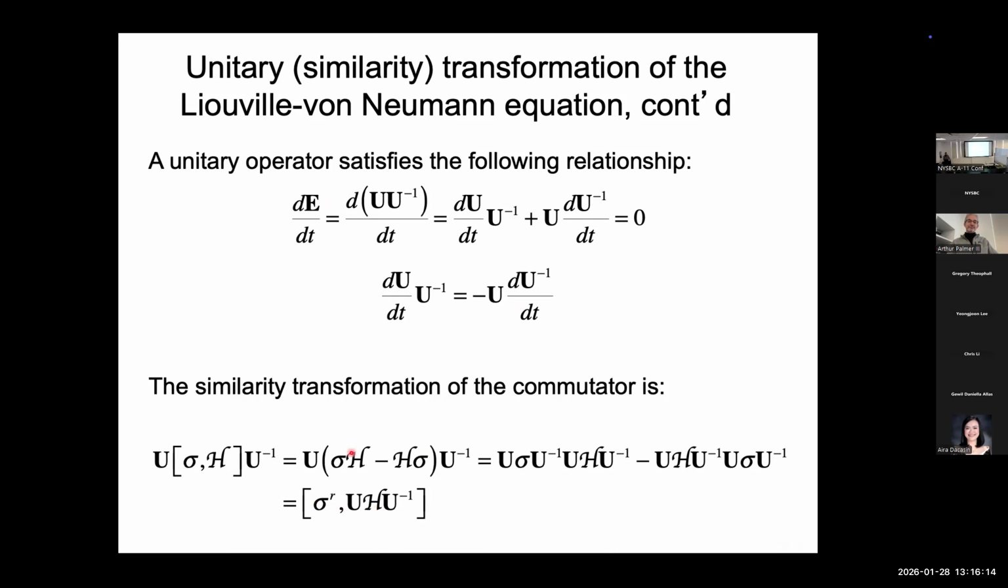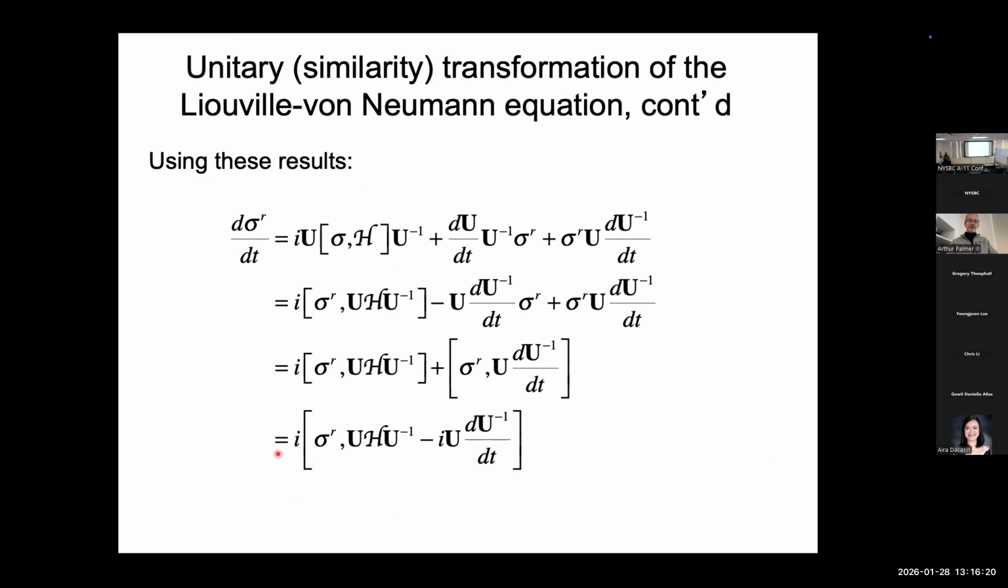And so I plug that in, and I end up just following through to end up with this result, that now the time dependence of the density operator in the new frame is still a commutator of the new density operator with an effective Hamiltonian that has this rather complicated form.